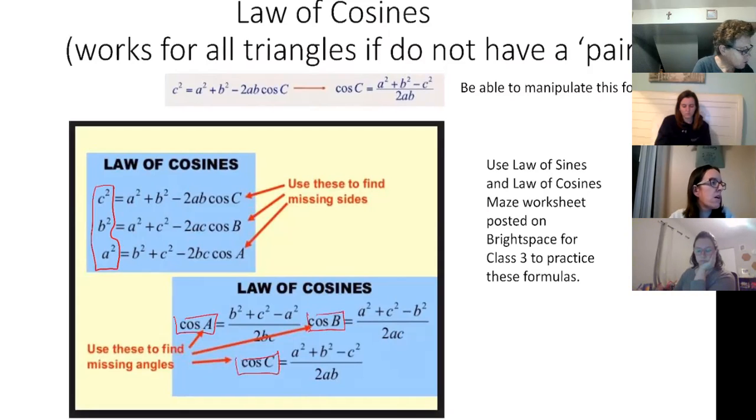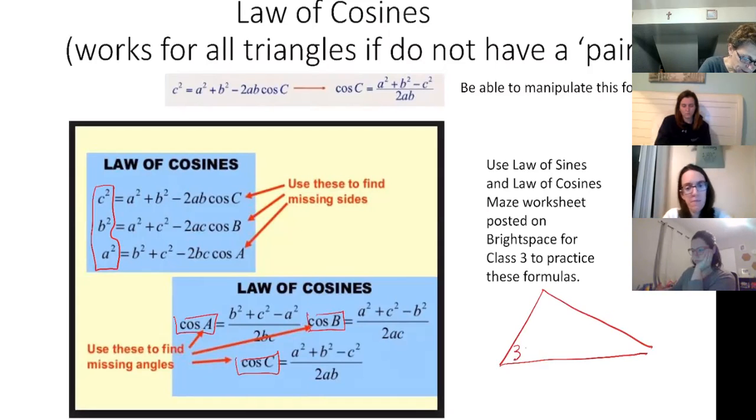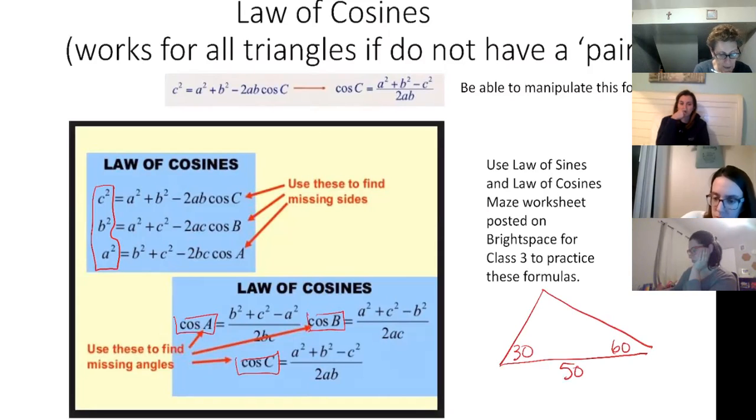So I wrote out one triangle for this as well. So if I have this situation, and let's say we have a 30 here, we have a 60 here, and we have a 50 here. And I need to solve for the triangle. And I want to practice using law of cosines. And let's say initially I want to solve for this x. So we're going to call that x, and we're going to call that y.